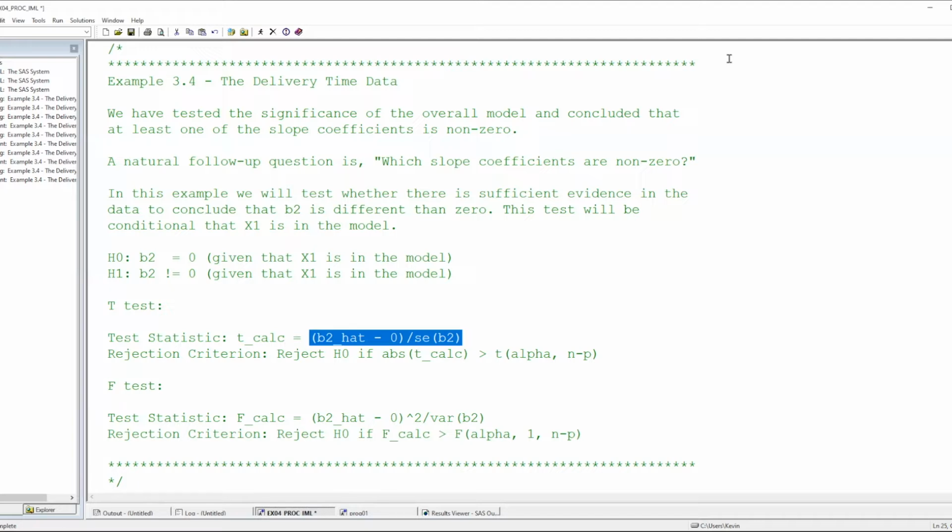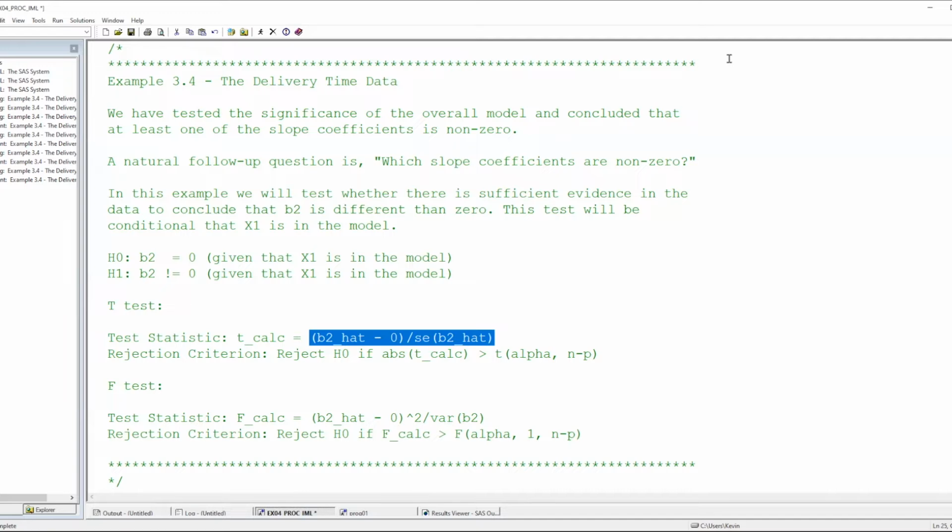Then we subtract from that the hypothesized value of beta 2, which in this case is 0. Then we divide that difference by the estimated standard error of beta 2 hat.